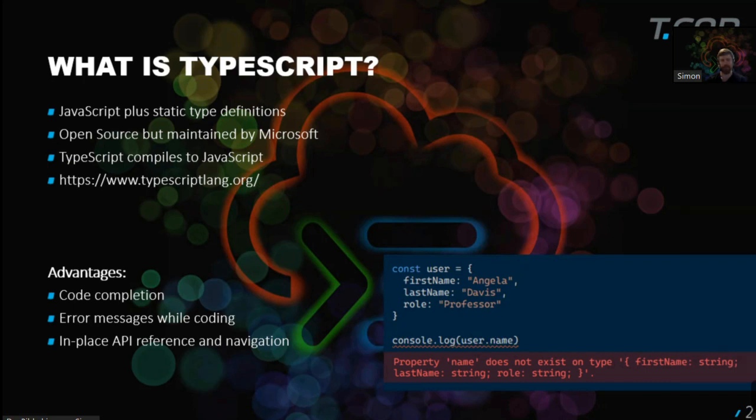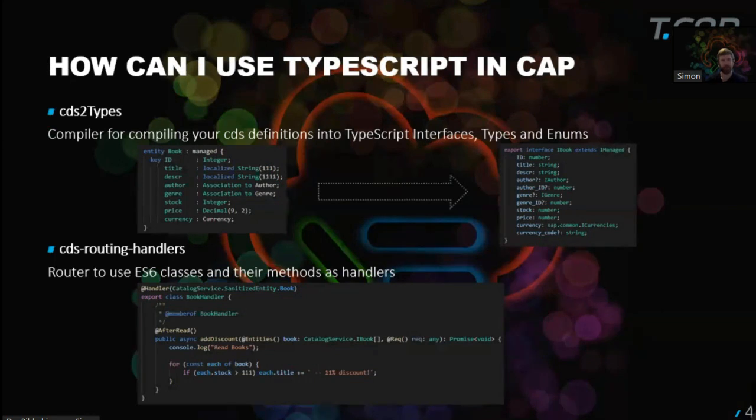So what we are showing today is CDS to types, which is basically a compiler for your CDS definitions into TypeScript interfaces, types, and enums. You define your entities in CDS, use CDS to types, and compile these definitions into TypeScript interfaces and enumerations.